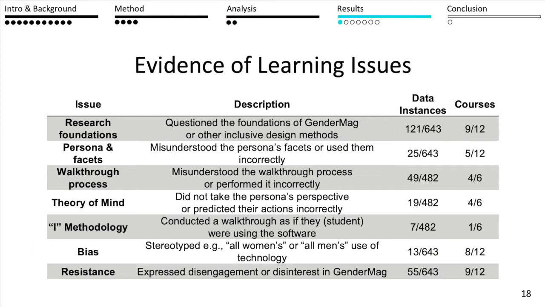Let's see here. So then in our paper, we recorded how many instances there were. As you can see, for most of these, the number of instances was a pretty small proportion of the students that it happened to, but it did arise in a reasonable fraction of the courses.